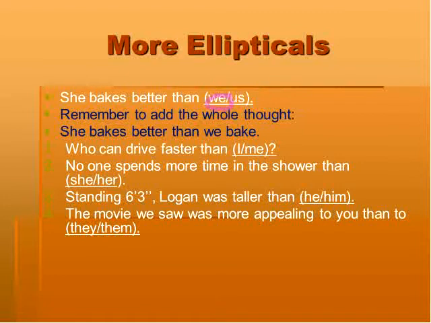Okay, so I want you to try 1 through 4 and try that trick in your head. Okay, I know it's going to end the sentence, but you add to it so it can make sense. Number 1, who can drive faster than I can drive or me can drive? So which one makes more sense? Think of it that way.